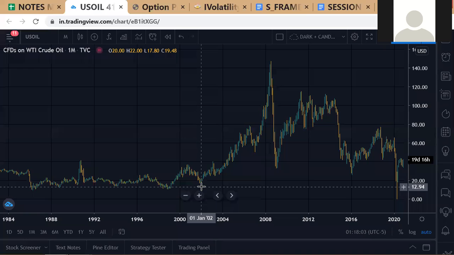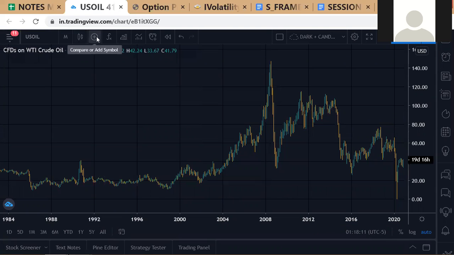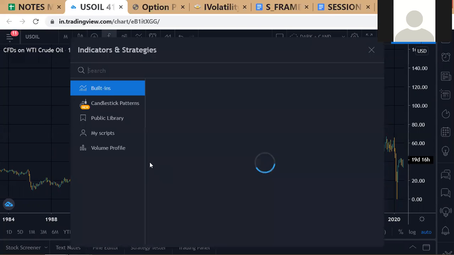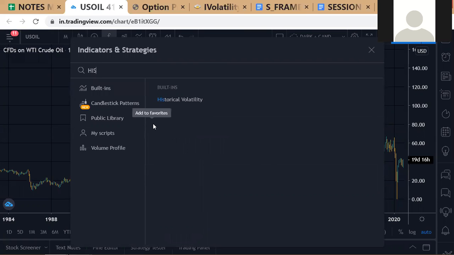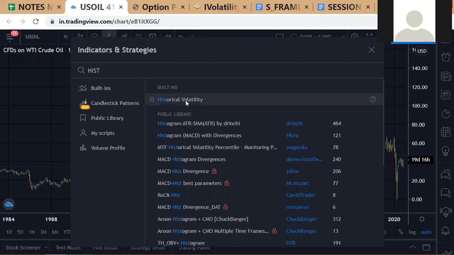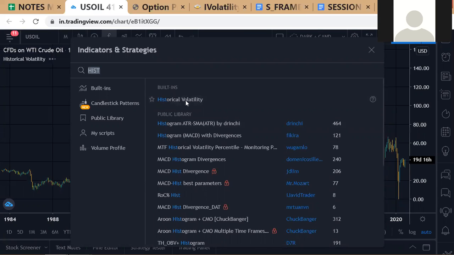So this dramatic change, so here what we would say is the historical volatility is, let's try to find, let's see, plot this and see if we can search for it. Yeah, so let's look at historical volatility.